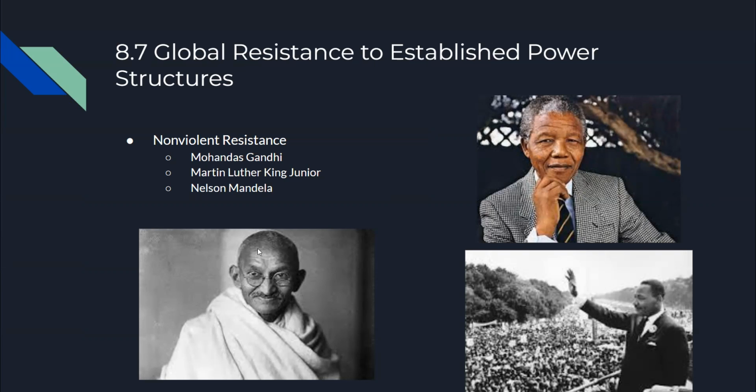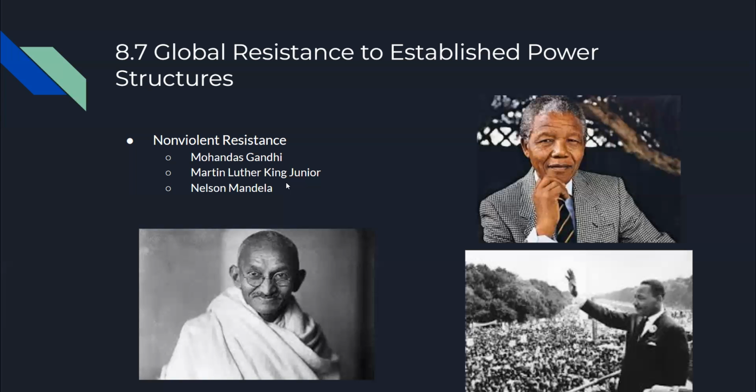So let's talk about MLK, Martin Luther King Jr. So his civil rights movement used various tactics in order to achieve its goals. So one example was court decisions such as Brown v. Board of Education in Topeka, Kansas, which basically banned racial segregation of schools in the United States.